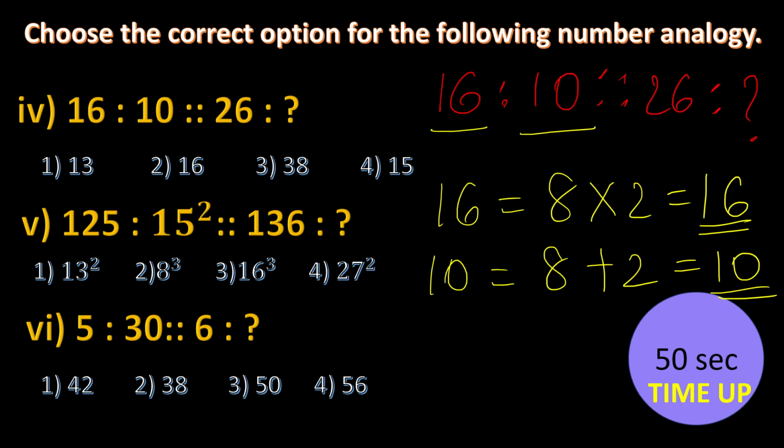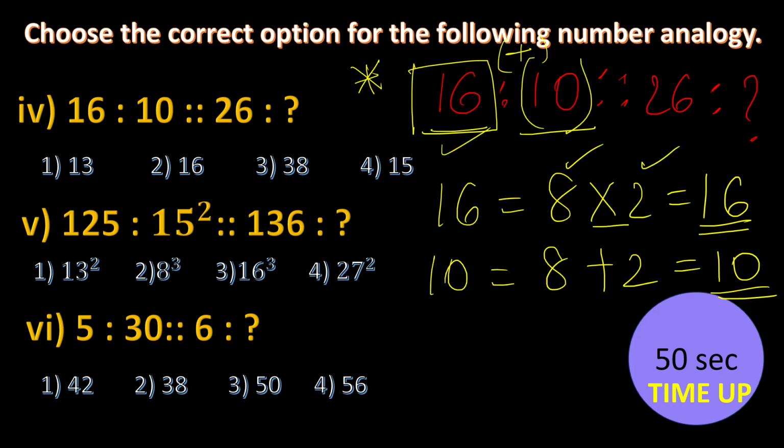So what they have done, for one part they have done multiplication and for one part they have added. Same digits 8 and 2, when you multiply you get 16. 8 plus 2 if you do, then you'll get 10. Same logic you need to apply for 26.